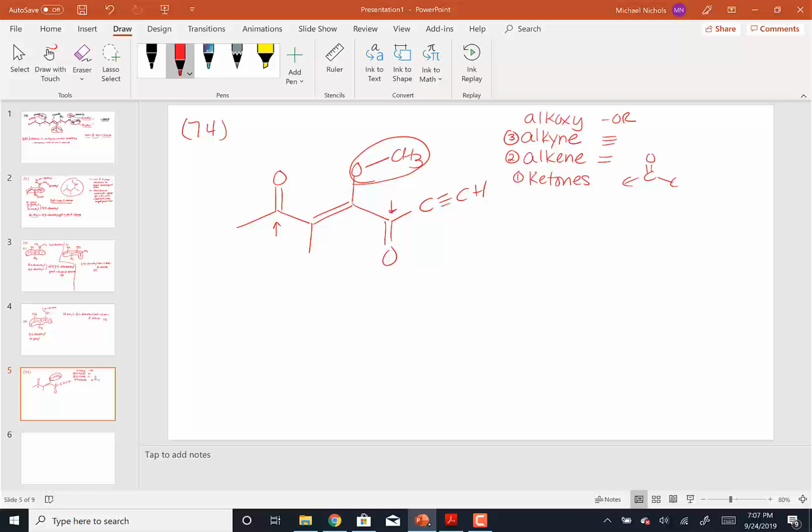So what I have to do now is find the longest chain that contains at least the 2 ketones, and I'm going to try and get everything. Unfortunately, they drew a structure where all of the functional groups can be seen in the longest carbon chain.